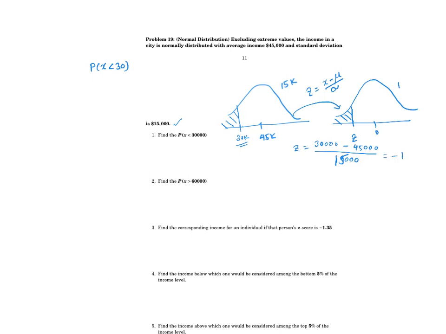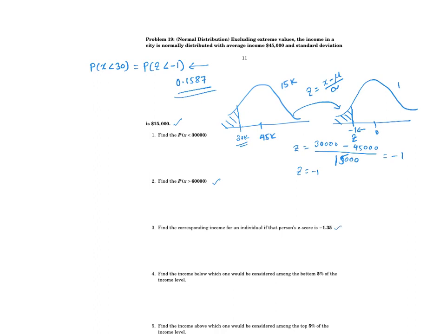So this is just -1, so z is -1, which is the same as probability of z less than -1. Now you have to look it up in the standard normal distribution table. What is the area associated with a z value of -1? You will see it's 0.1587. Okay, and similarly you have to find it for this.